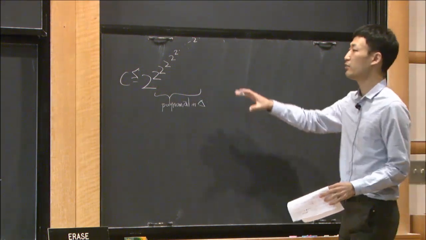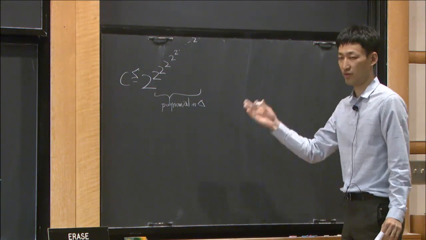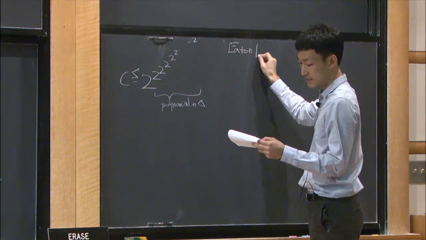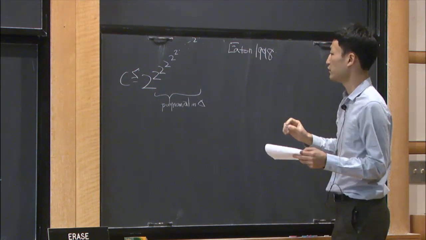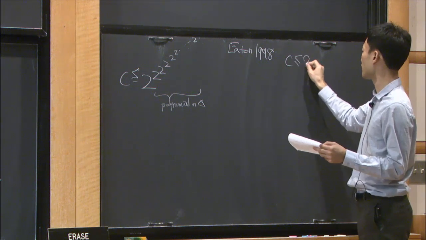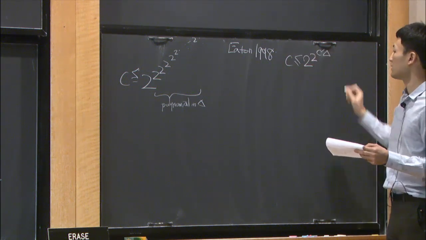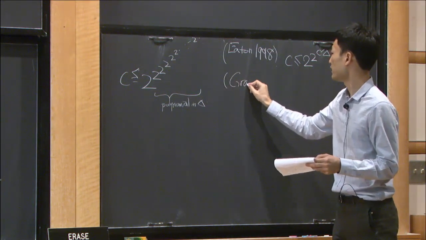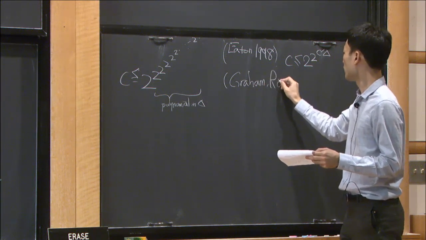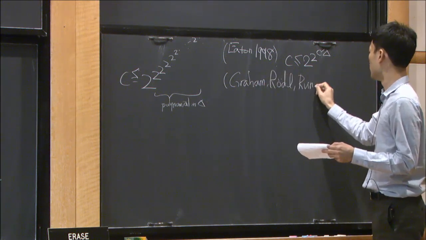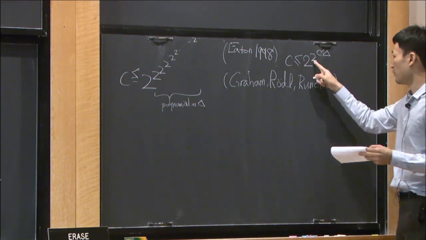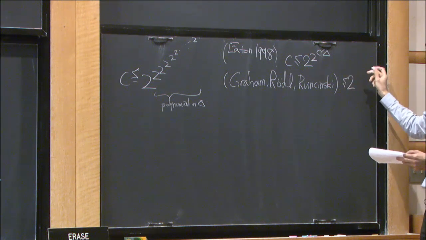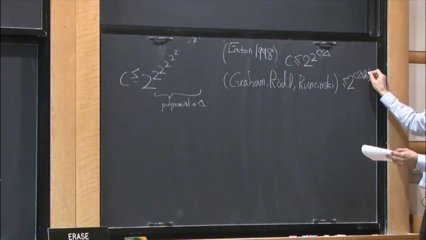People were able to improve this bound since then by not using the regularity lemma. The first improvement was made by Eaton in 1998. She was able to prove that c is at most double exponential in delta. Then Graham, Rödl, and Ruciński were able to improve it to almost single exponential, at most 2 to the c' delta log squared delta.